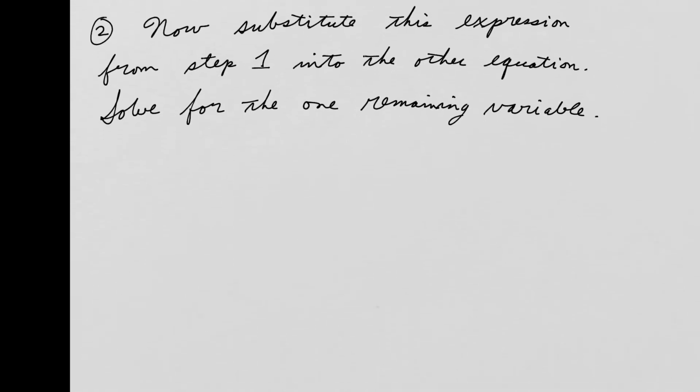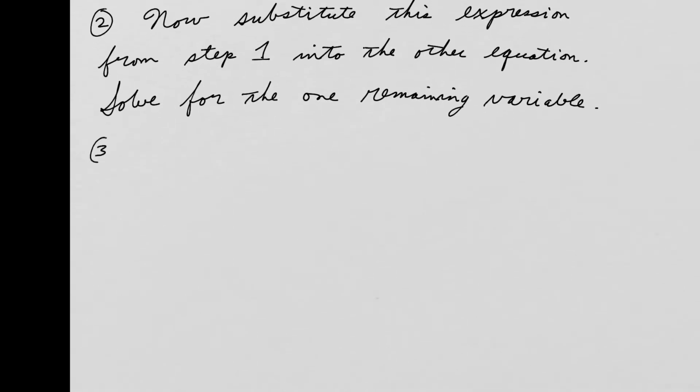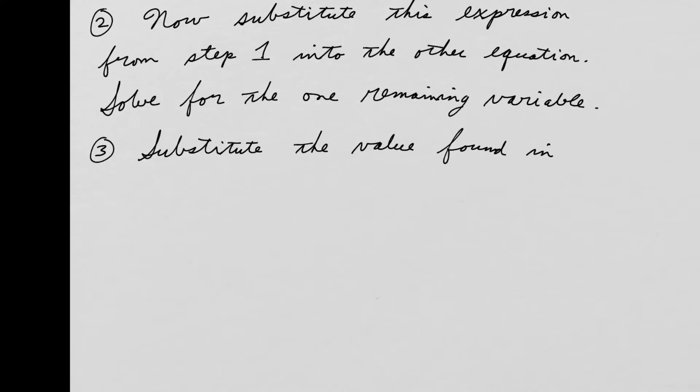Okay, and then the third step is now you substitute the value found in step two in either of the original equations and solve for the other variable. Now that we found x or y, whatever it is, we have a value for one of the variables.